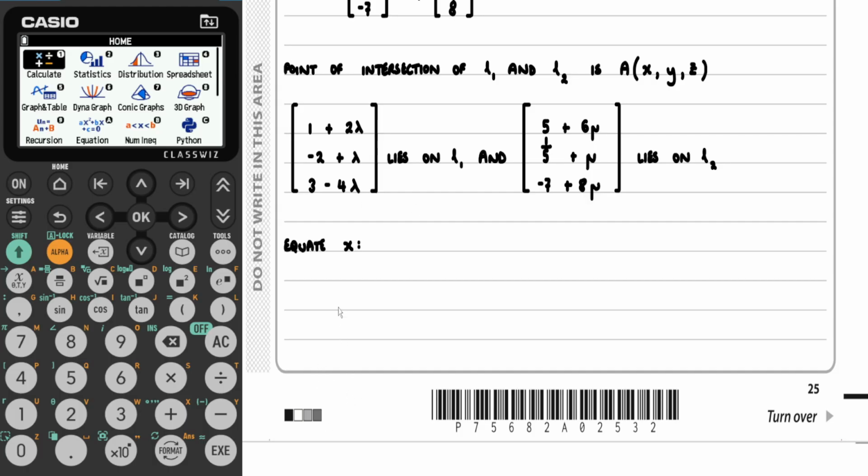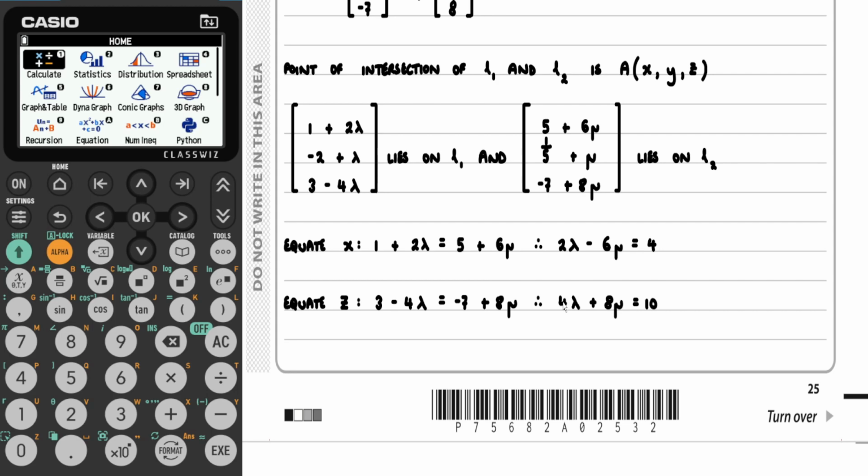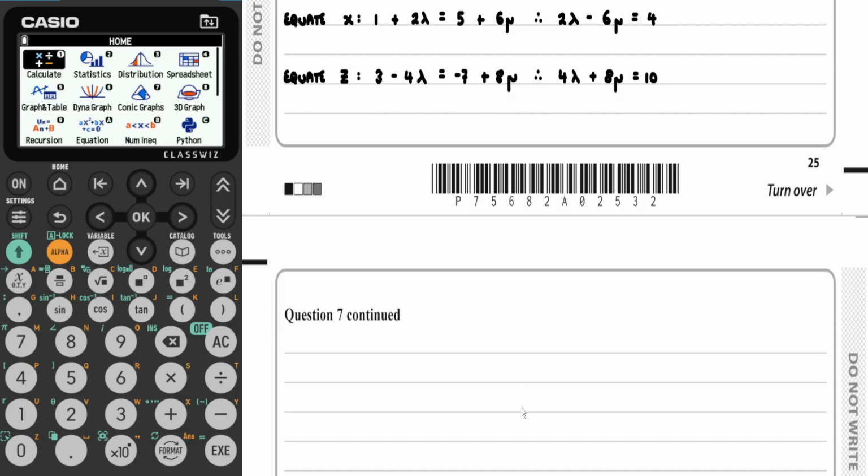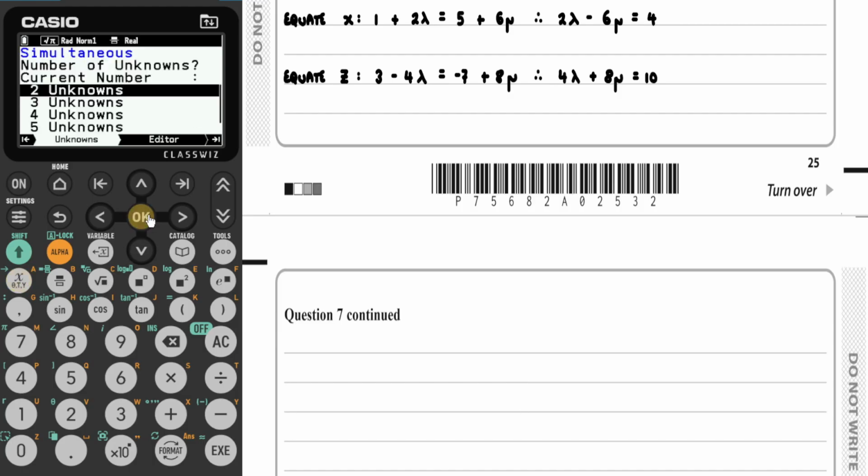So if I equate the x's, I've got 1 plus 2 lambda equals 5 plus 6 mu. So 2 lambda subtract 6 mu is equal to 4. And if I equate the z's, I would have 3 subtract 4 lambda equals negative 7 plus 8 mu, from which we can see 4 lambda plus 8 mu is equal to 10. Let's solve these equations simultaneously.